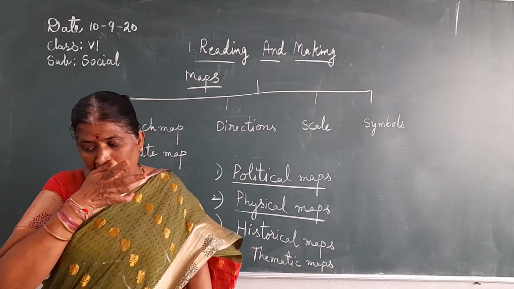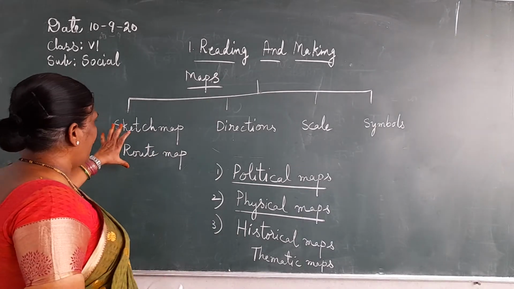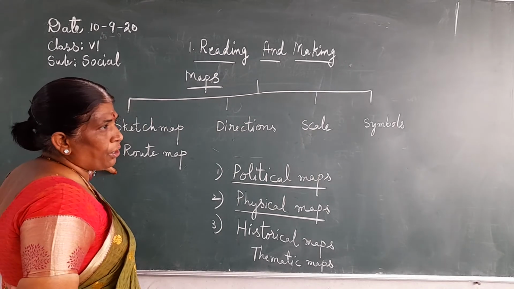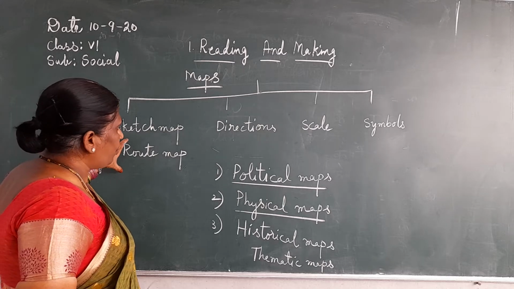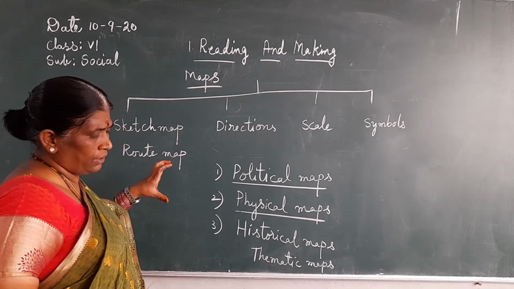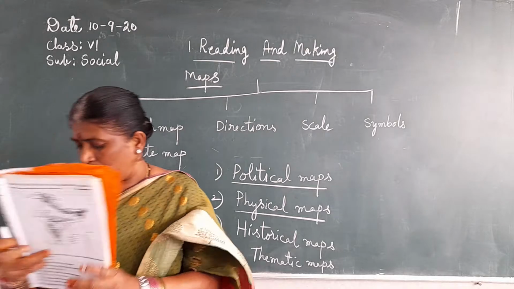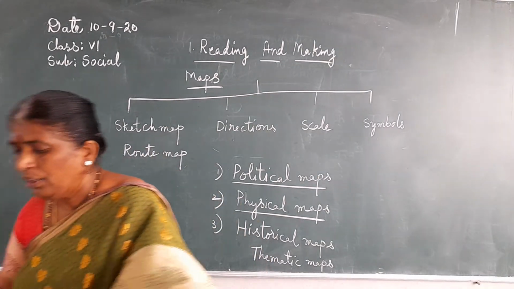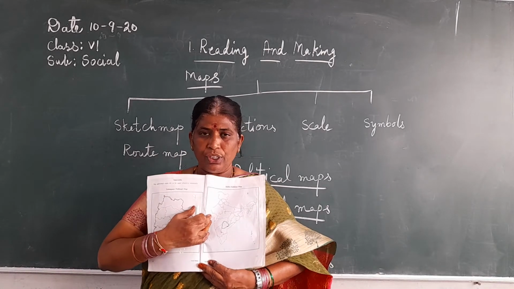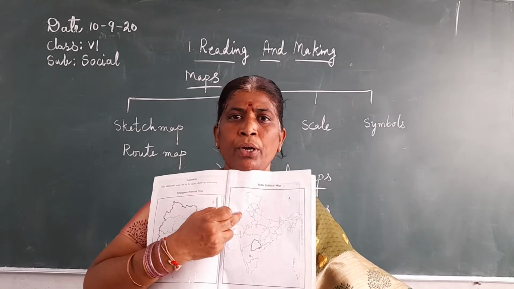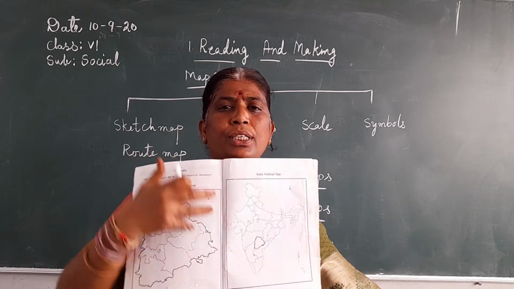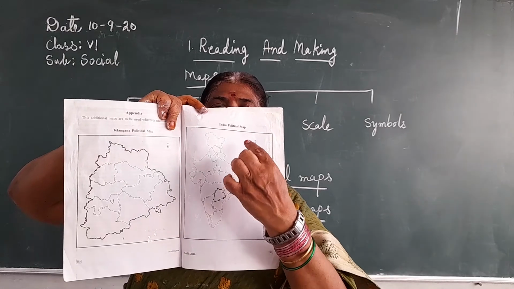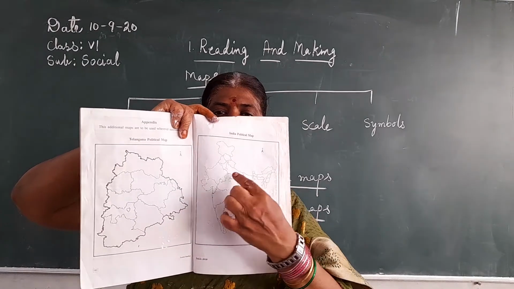Now we said that we are going to learn about the sketch map, otherwise called a route map. Before going to this lesson, I will give you a small activity. Take one India map and locate the states and capitals.